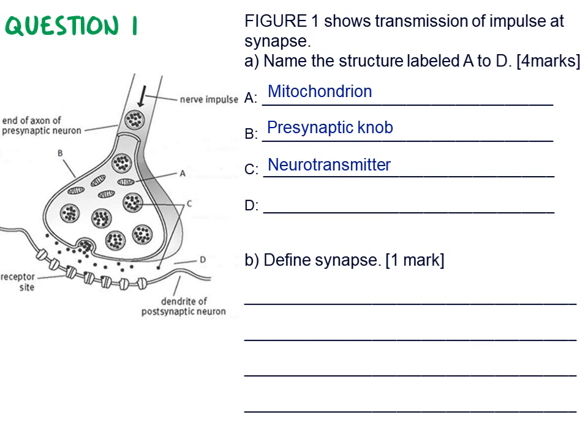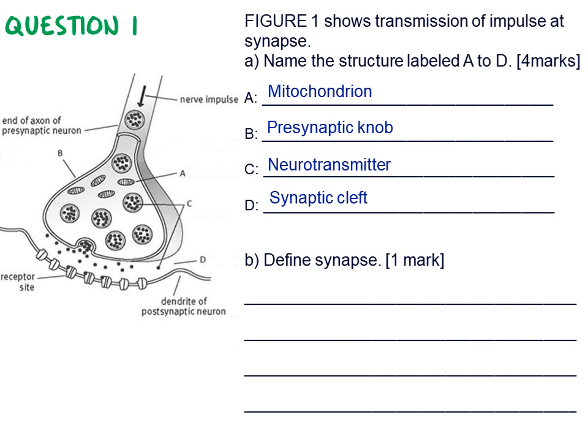So you can answer generally. Okay, no need to give a specific answer. Next, D. D is a region. So the region is called synaptic cleft. Okay, a narrow region in between the two neurons, we call a synaptic cleft.